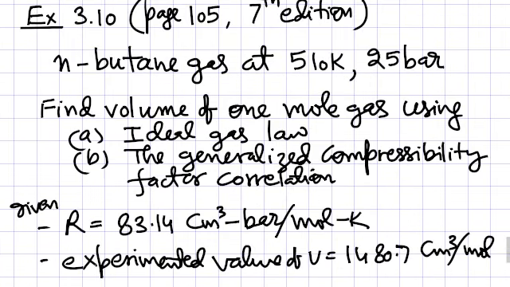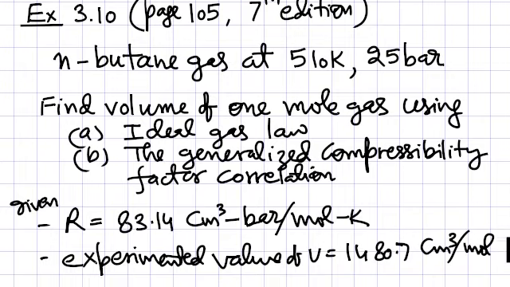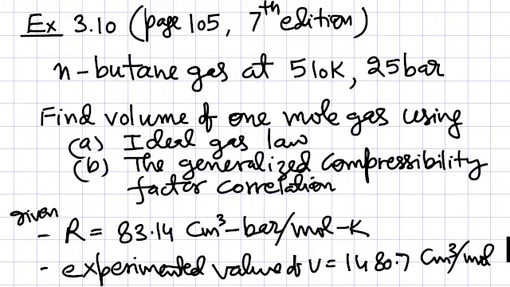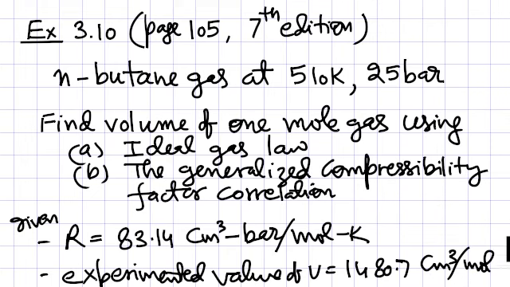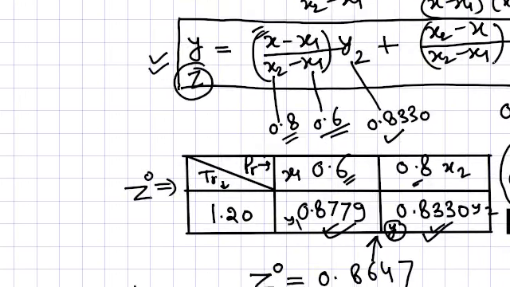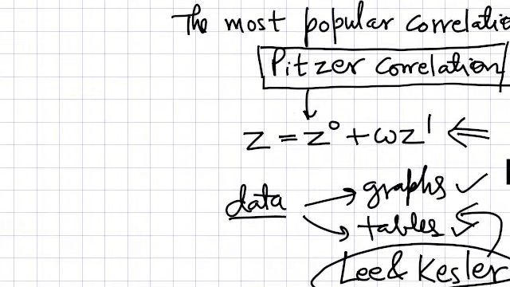This is the example I have taken from your 7th edition book, Smith, page number 104. What they are saying here is that you have been given normal butane gas at 510 Kelvin and 25 bar. What you have to do is find the volume of 1 mole of gas using the ideal gas law, PV equal to RT, and the generalized compressibility factor correlation, that is the correlation that we just learnt.